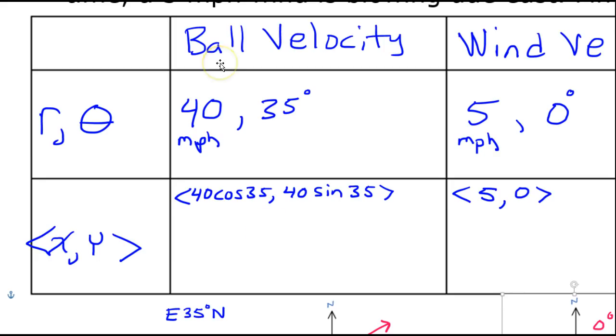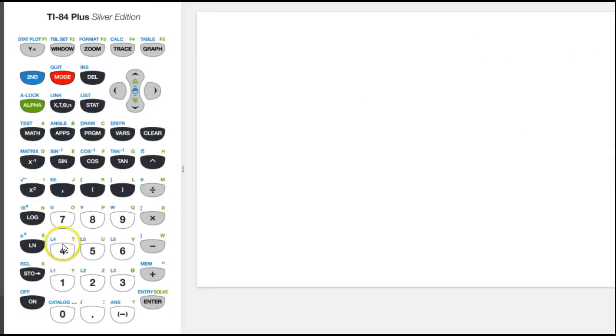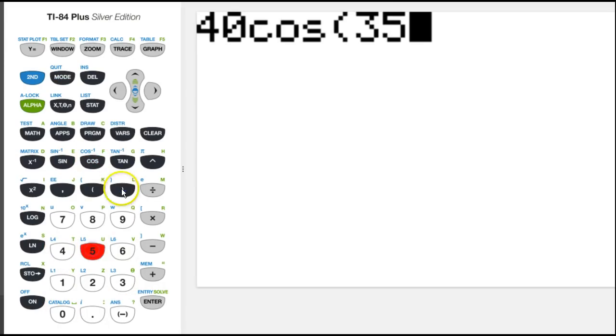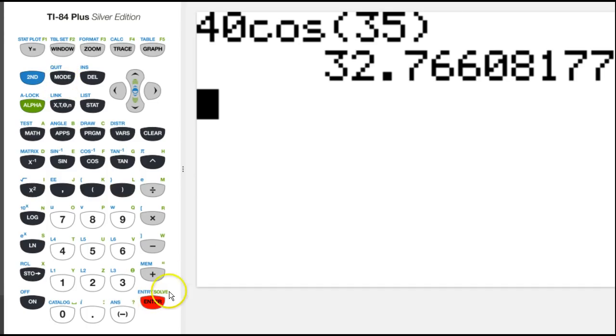So going back to the ball velocity, we have set up for the component form. Let's do the calculations. So 40 cosine 35, we will just write 40 cosine 35. Make sure your calculator is in degree mode. So that's 32.77 degrees. Well, not degrees.